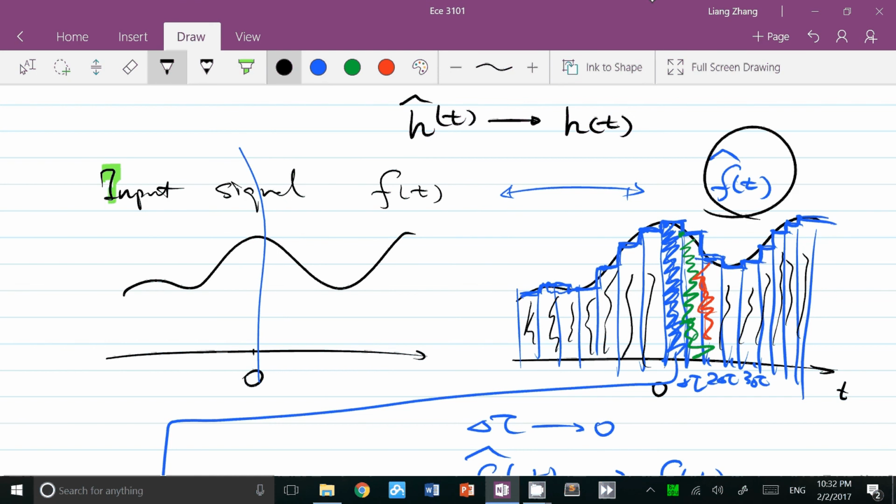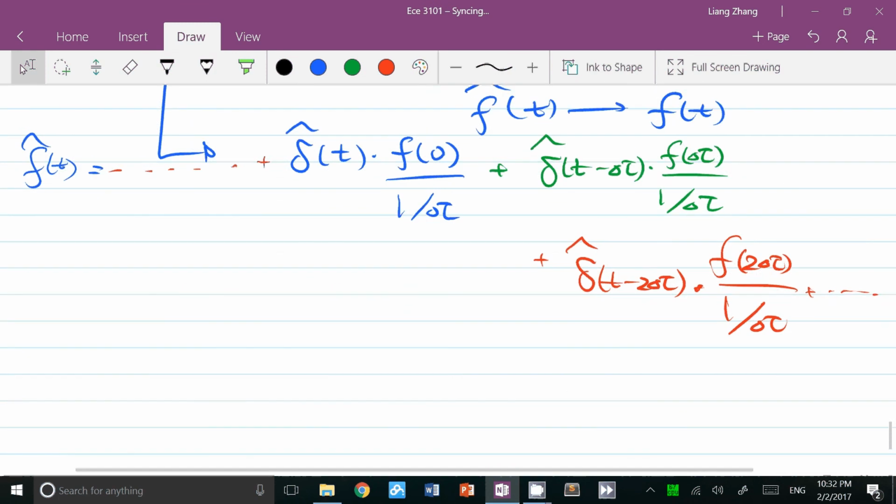If I want to express f hat of t, I can simply add all these rectangles together. That's what we're doing here. But it looks a little messy, writing down all the terms. So what we're going to do is find a common form. Apparently I need a summation since there are a bunch of terms.